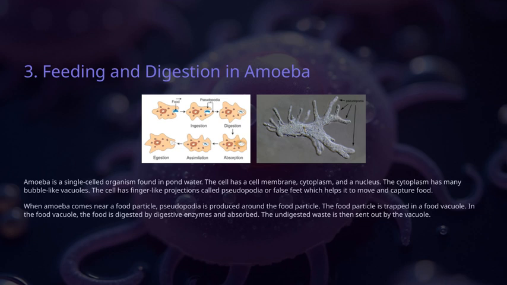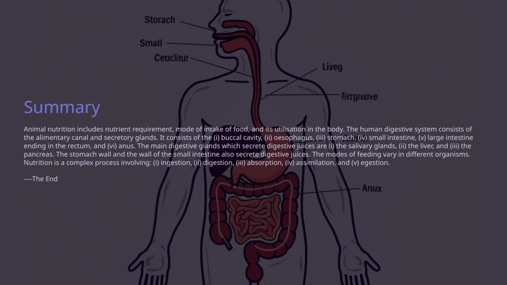to meet their needs. In summary, animal nutrition is a comprehensive process that involves understanding nutrient requirements, how animals intake their food, and how their bodies utilize these nutrients. The human digestive system is quite intricate, comprising the alimentary canal and secretory glands that work together to break down and absorb food.